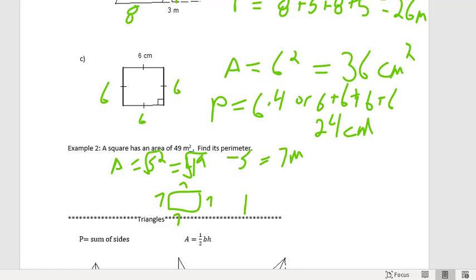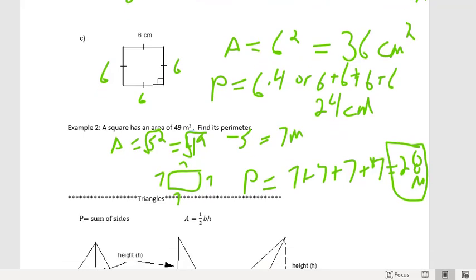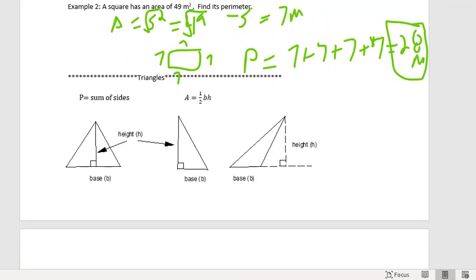Find the perimeter. 7 plus 7 plus 7 plus 7 is 28, and our units are meters. So we can work backwards from an area formula to find the side and then find the perimeter from that.